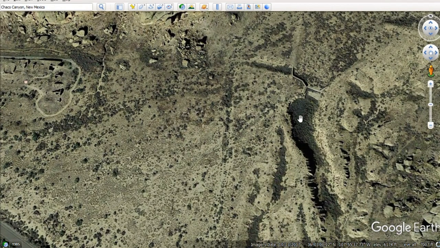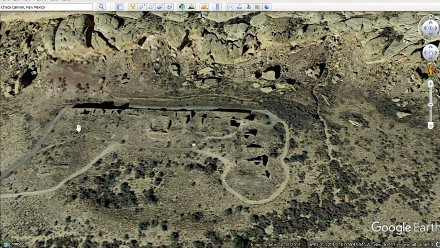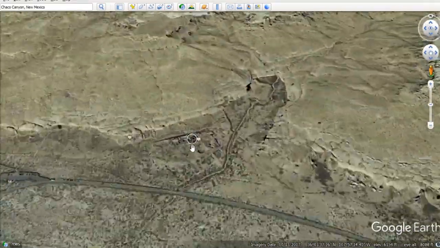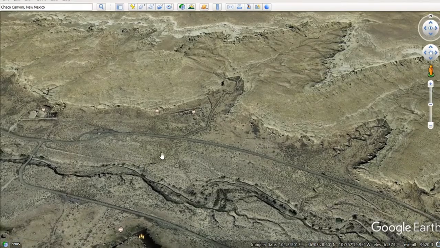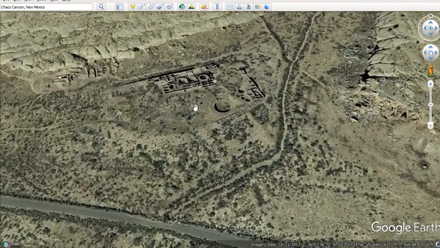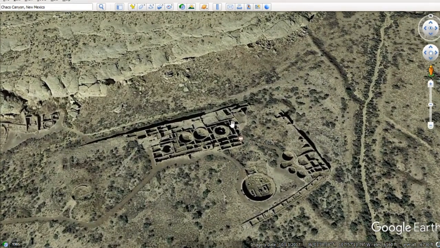There's an old dam. But there's many huge old ancient settlements out here. You find them up these old tributaries off of this river. And it appears to be huge old chemical processing plants.